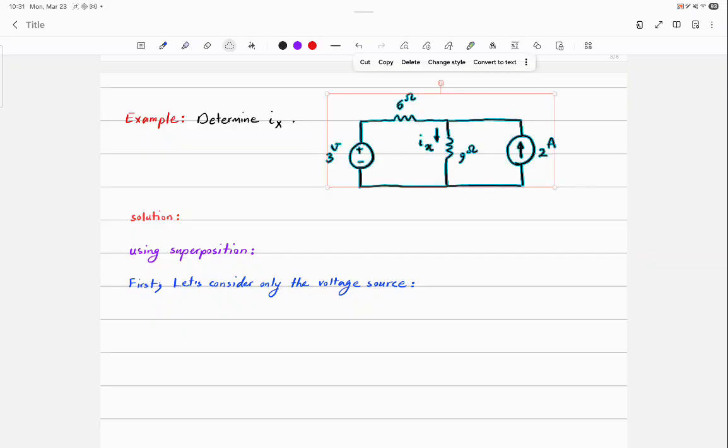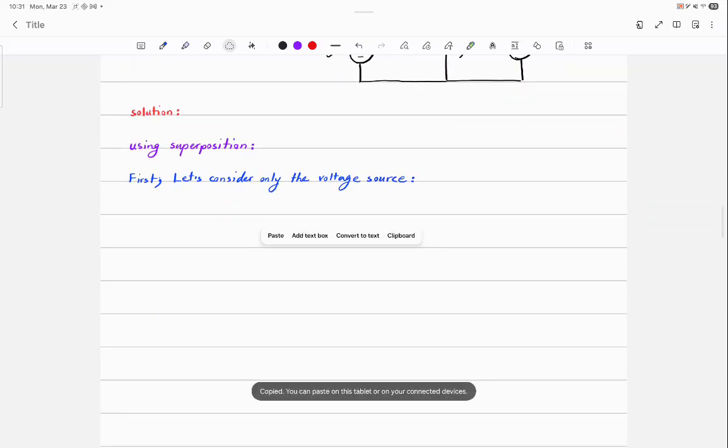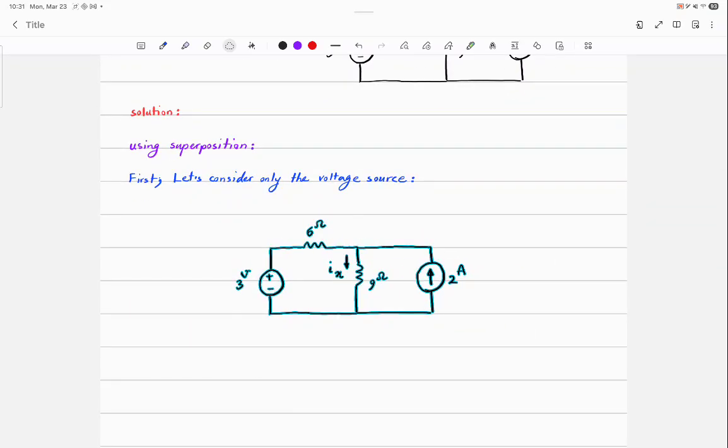I'm going to copy the circuit, put it here, and what should I do to the other one, to the current source? Make it open. I opened it, right?